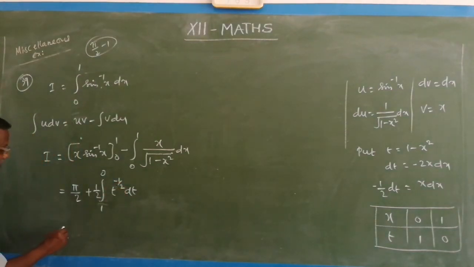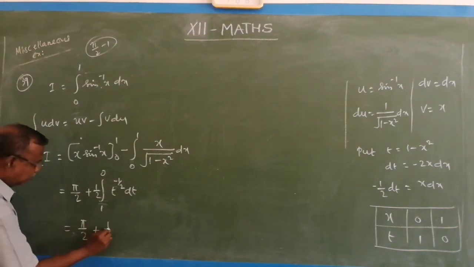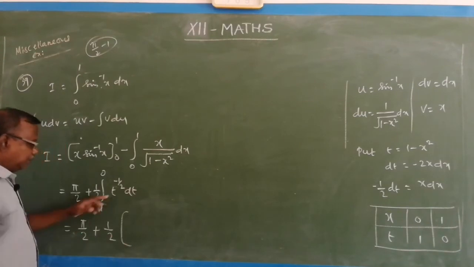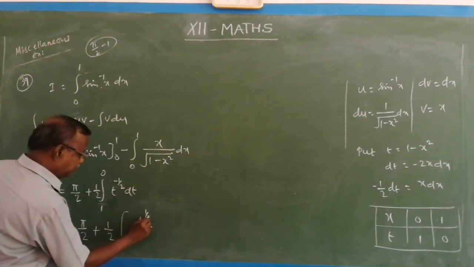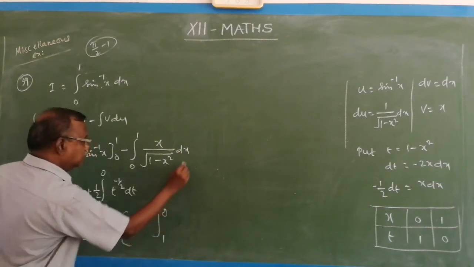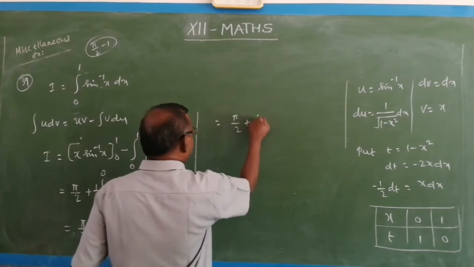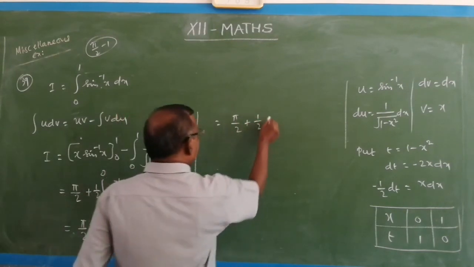So, that is equal to pi by 2 plus 1 by 2 into t power 1 by 2 divided by 1 by 2, which is 2, from 1 to 0. Now, this is equal to pi by 2 plus 1 by 2 into the upper limit minus the lower limit.